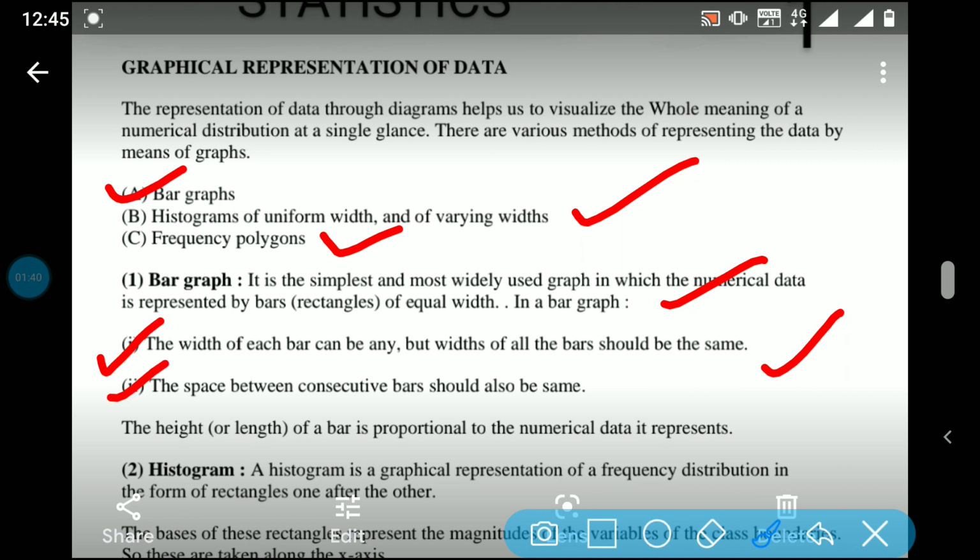Second, the space between consecutive bars should also be the same. When we are drawing a bar graph, there should be equal space. And the height of a bar is proportional to the numerical data it represents. So these are the points to remember for the bar graph.